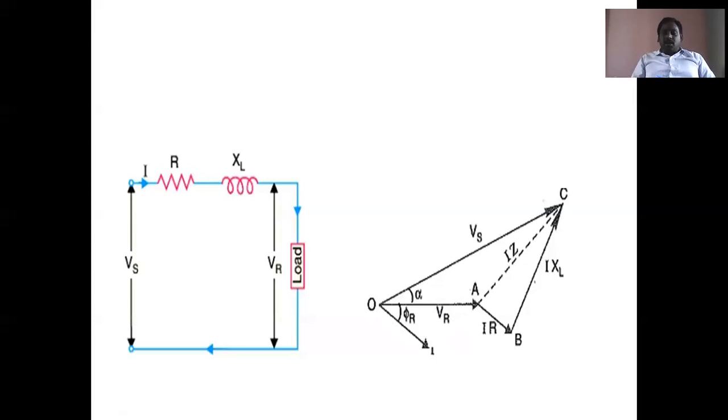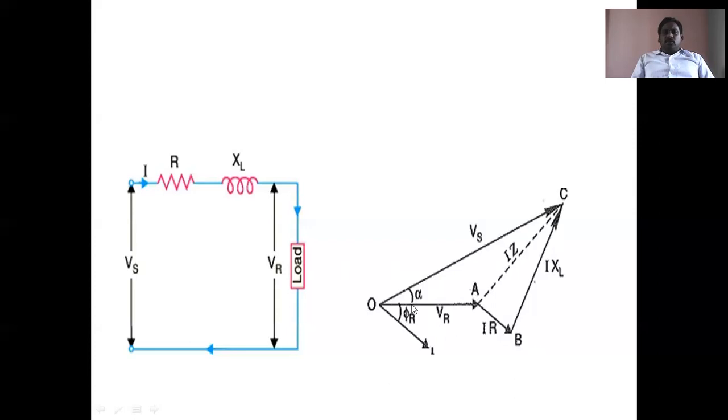And one more thing: this is VS, the sending end voltage, and this current is either IR or IS, whatever it may be. Because it is a simple series circuit, both currents are the same, only the voltages are different.